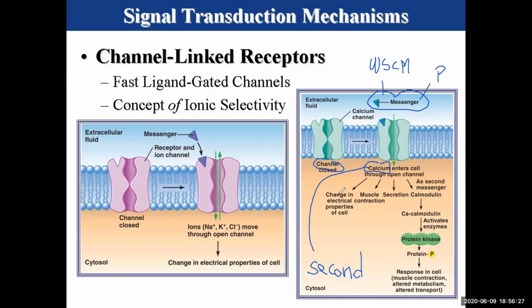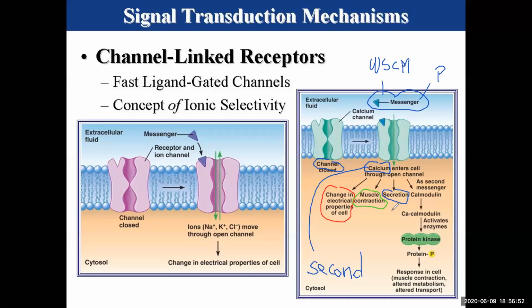The cell can respond. It can change how the cell responds through electrical signaling. It can induce contraction if the cell is a muscle cell. It can induce secretion if the cell is part of a gland.